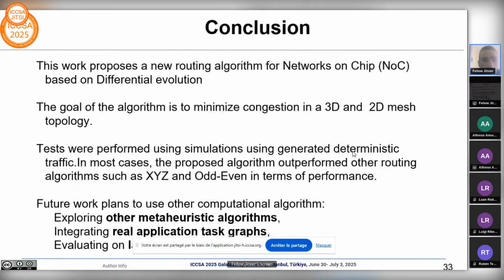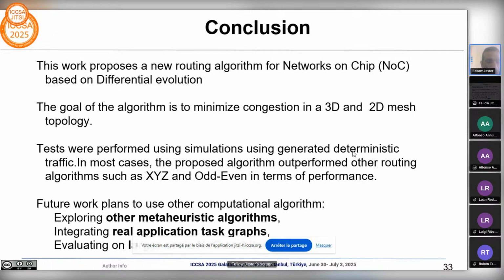In conclusion, this work proposed a new routing algorithm for network on chip based on differential evolution. We use it to minimize congestion in 3D and 2D topology. The tests were performed using simulation, using generated deterministic traffic and random traffic.